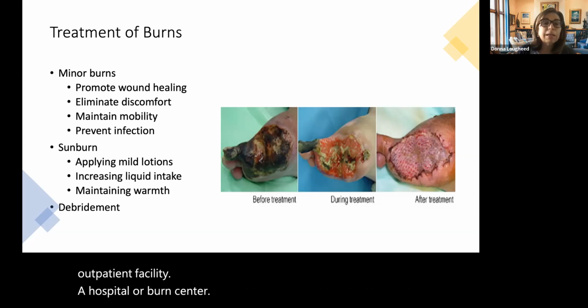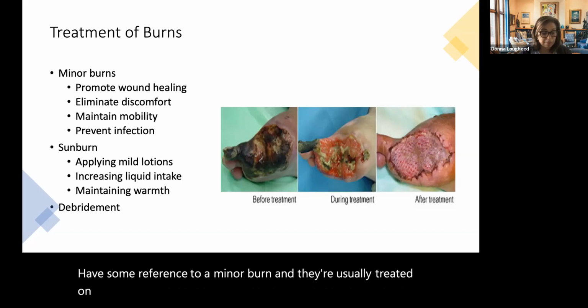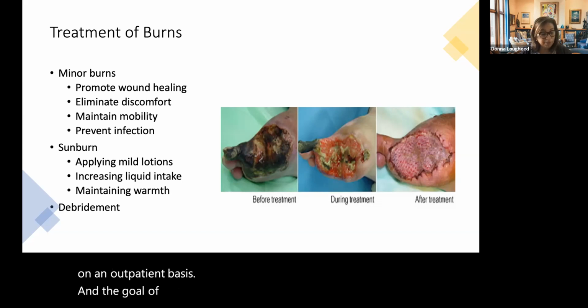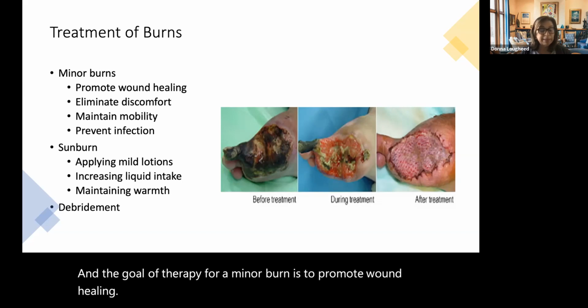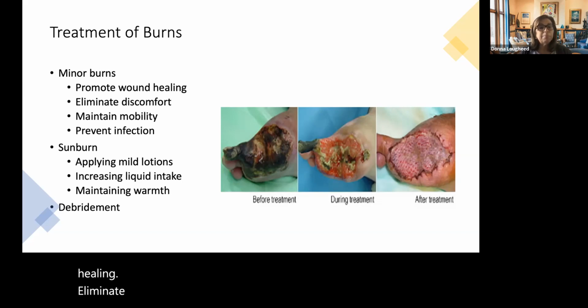Minor burns, and we all have some reference to a minor burn, are usually treated on an outpatient basis. The goal of therapy for a minor burn is to promote wound healing, eliminate discomfort, maintain mobility, and prevent infection.